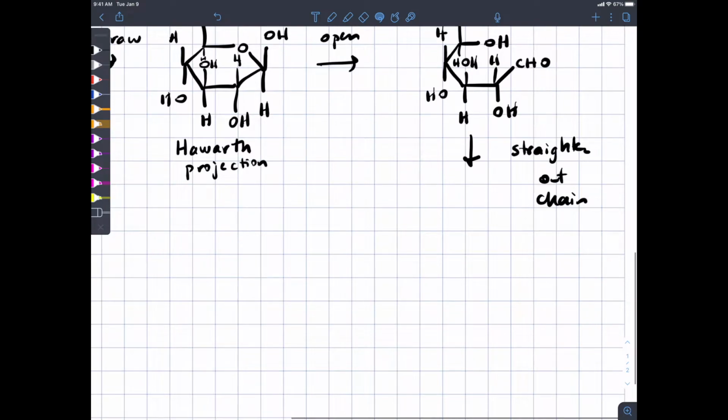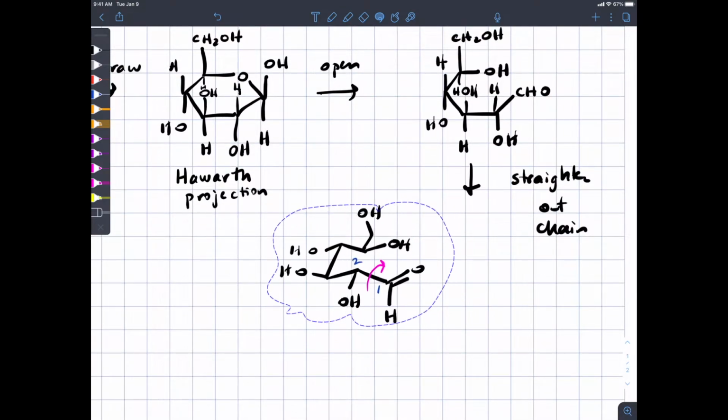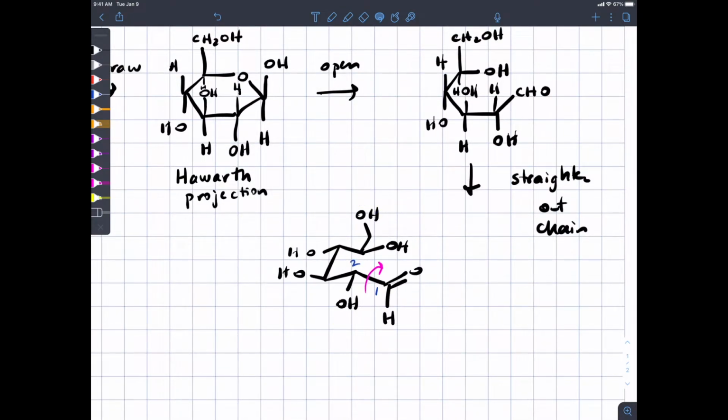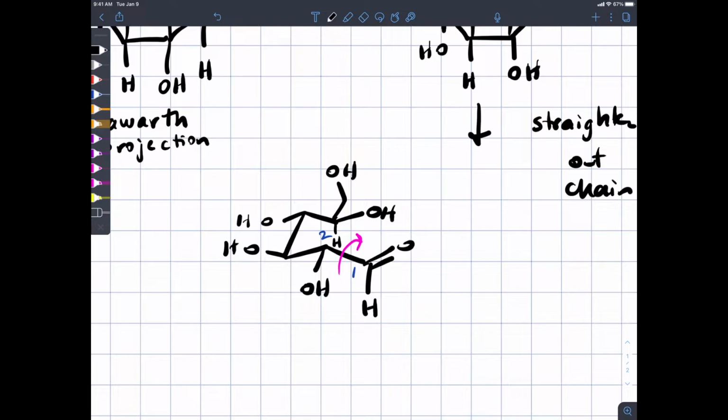So what we've drawn here is conceptually equivalent to what we drew here. The CH is down, and this bond is going back away from you in the page. We're going to need to rotate around this bond because we want the CH2 group to be over here. And so if we rotate it so the CH2 is in this direction, that's rotating around this bond, and now I've got to think for a minute.